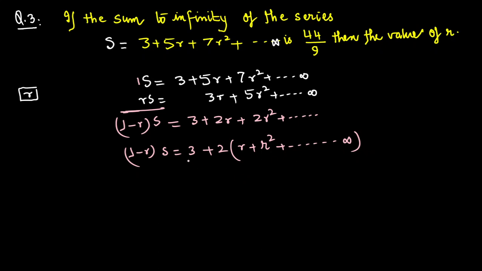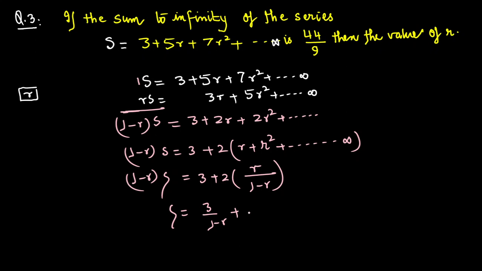A upon 1 minus r, so it becomes 3 plus 2 into r upon 1 minus r. 1 minus r into s, and s is equal to 3 by 1 minus r plus 2r upon 1 minus r whole square. Sum of infinite GP is a upon 1 minus r.